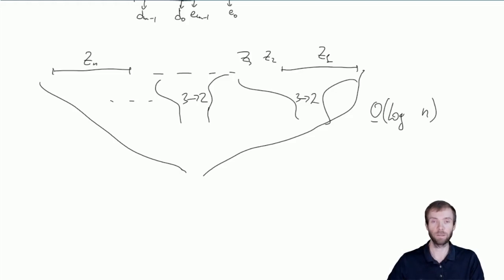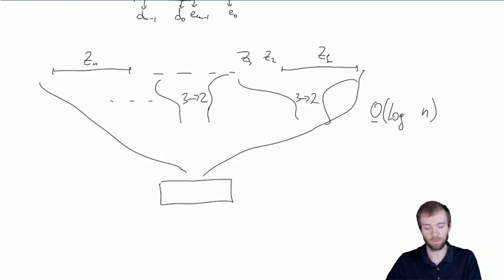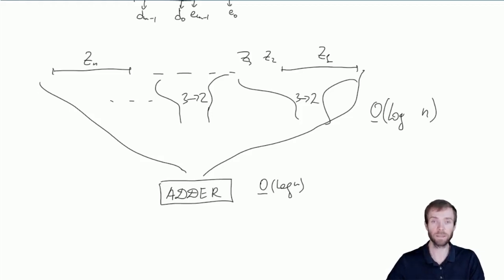And when can we not use this? When we are only left with 2 numbers. We do not have even a single triple of numbers to combine. So we have 2 numbers, and in the end we'll have to use at least one adder. So we still have an adder here, but this adder gives us logarithmic depth and a size which is big O of n log n.